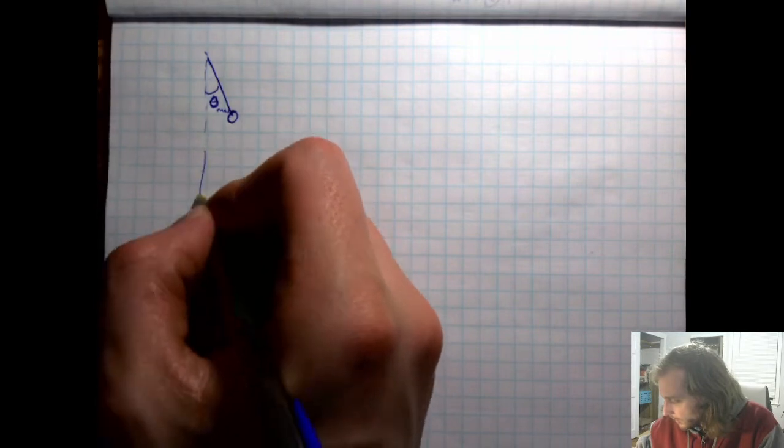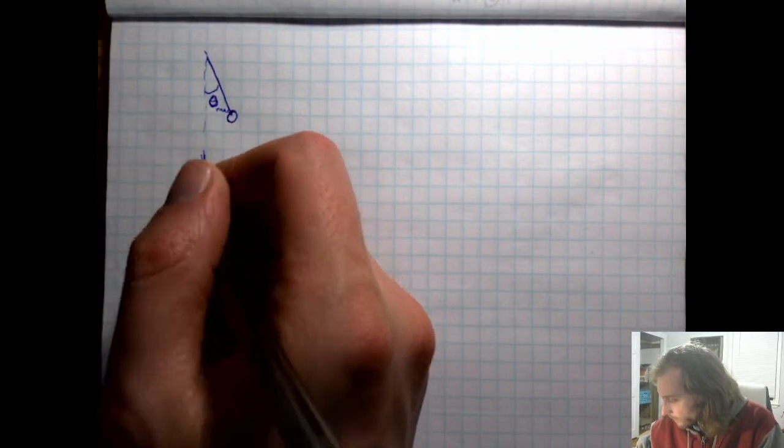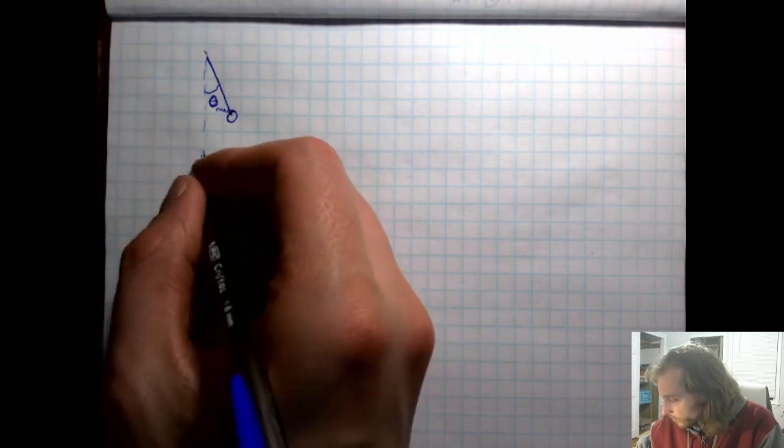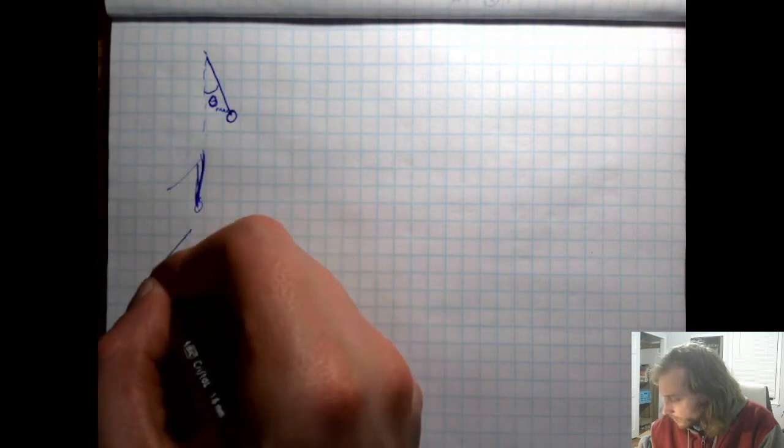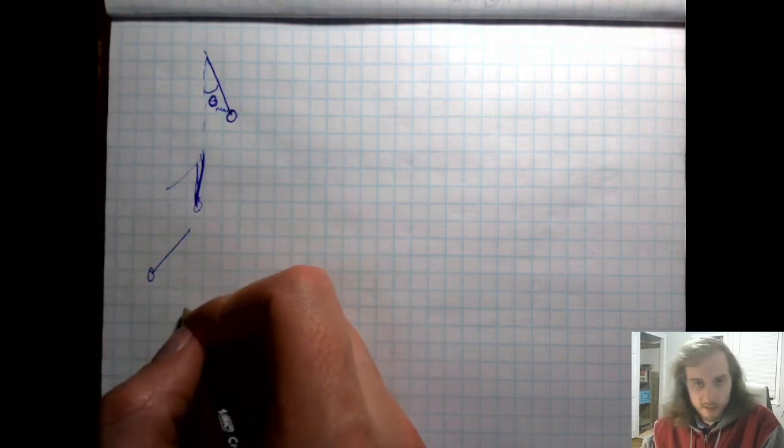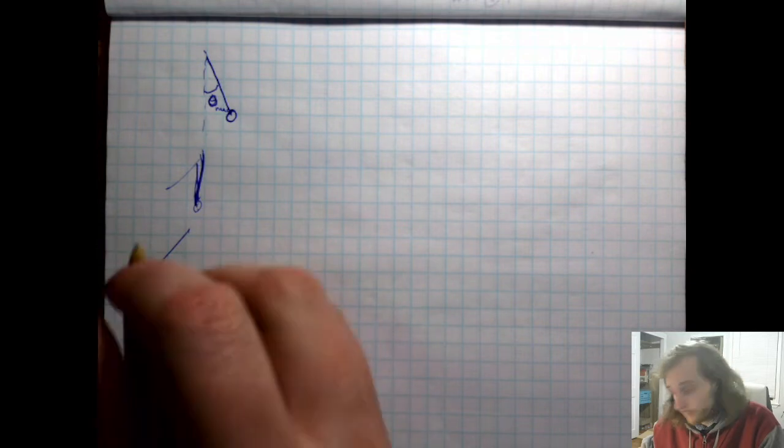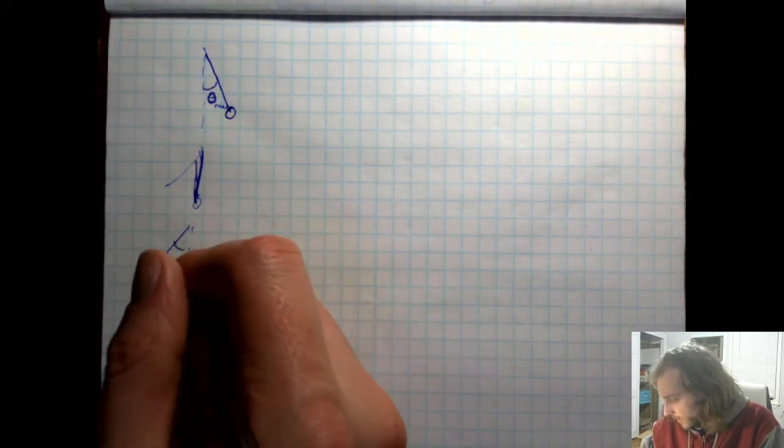It'll then swing down to the bottom, and it'll then swing up to the left, and then back down to the bottom, and so on and so forth, back and forth. When it's up at the left, it'll be at an angle of negative theta max.